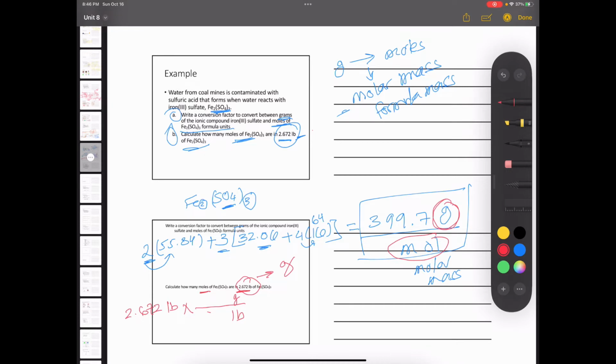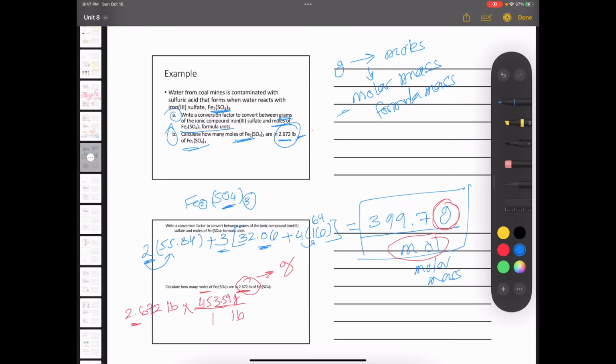Okay? And we know for every 1 pound, there's 453.59 grams.